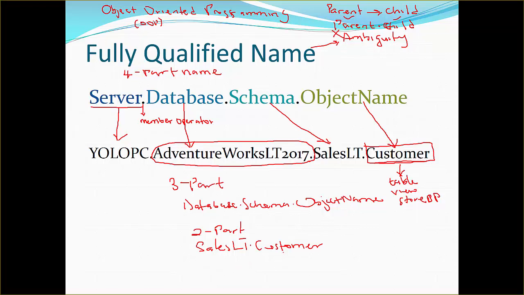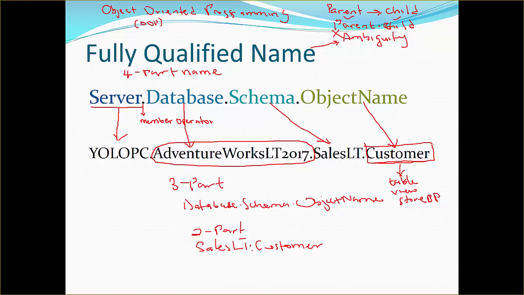If you issue saleslt.customer on a database that does not contain that table, you would get an error. So if you are going to use the two-part name, you must make sure that you have changed the database context to the database you want to work with.